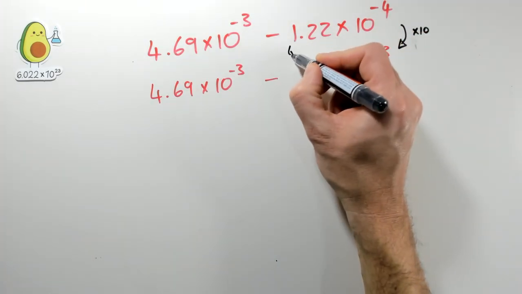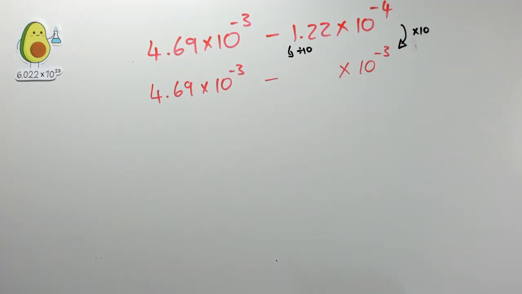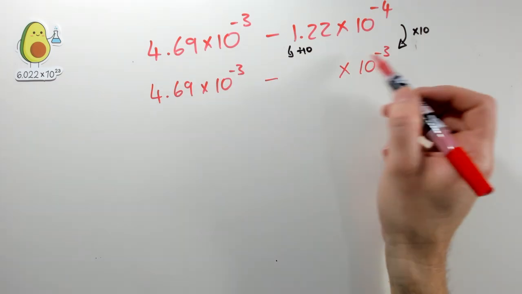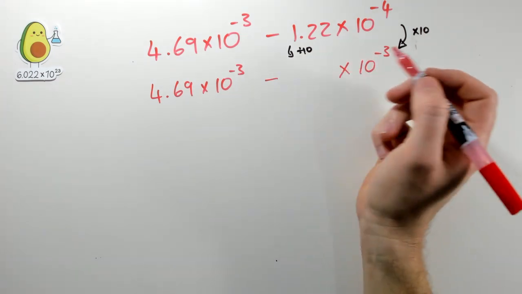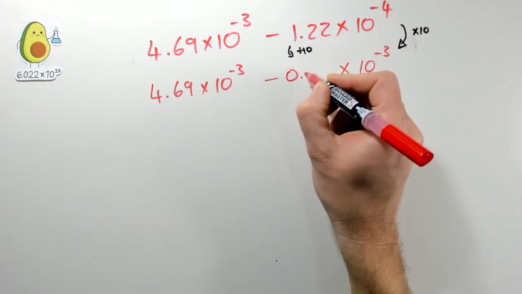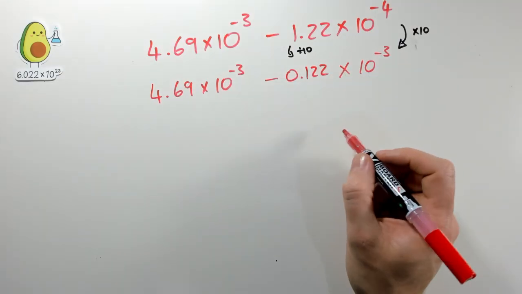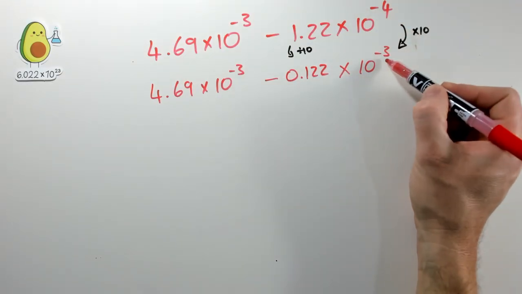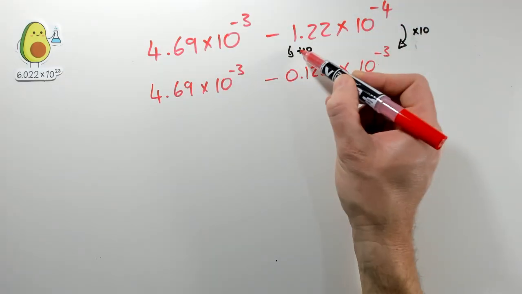So this number is going to have to be divided by 10. If you don't understand this, you have to watch the previous videos on how to rearrange these numbers. And then we get 0.122. So I made this a bigger number by multiplying this and dividing that side.